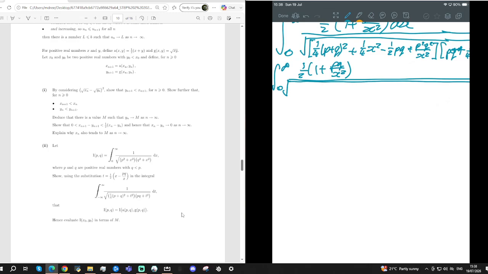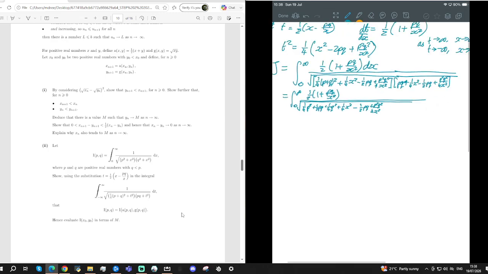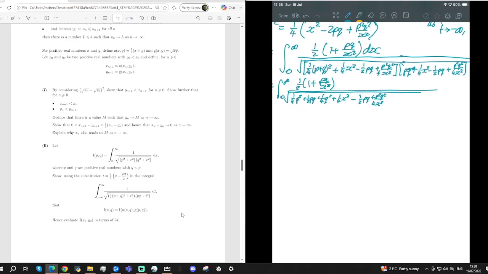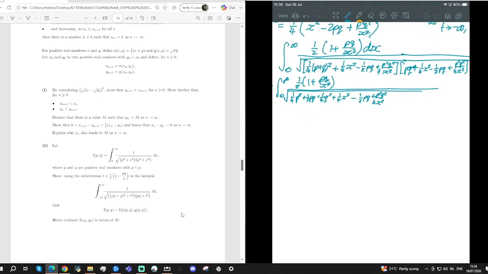Again, I'm wanting a nicer way to do this, but I'm not seeing it. So a quarter p squared plus a half pq plus a quarter q squared plus the quarter x squared minus a half pq. Oh, there's something that cancels. I've lost a 4 on that term. So that's my first bracket.